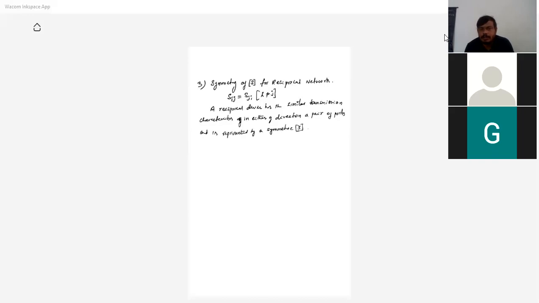If both are the same, mutual, then it is a symmetry property.